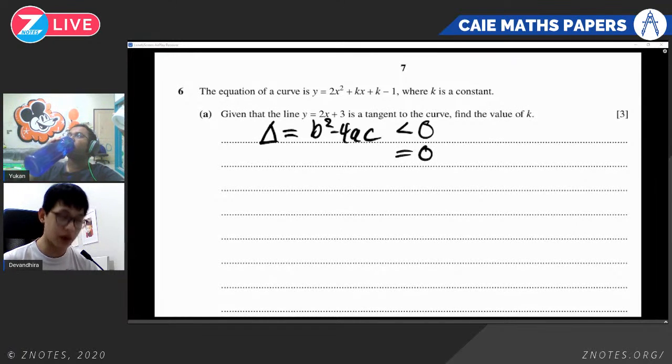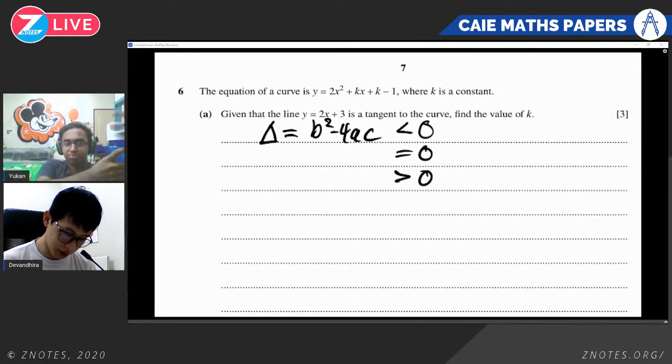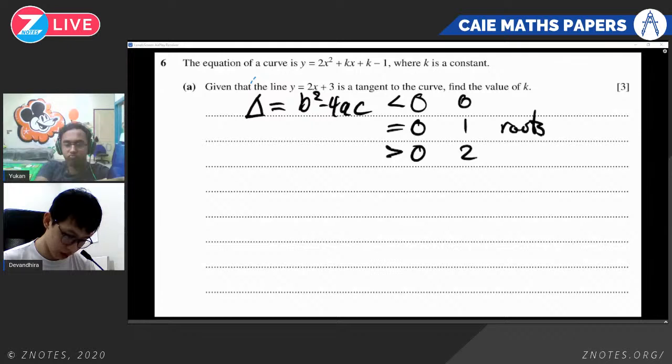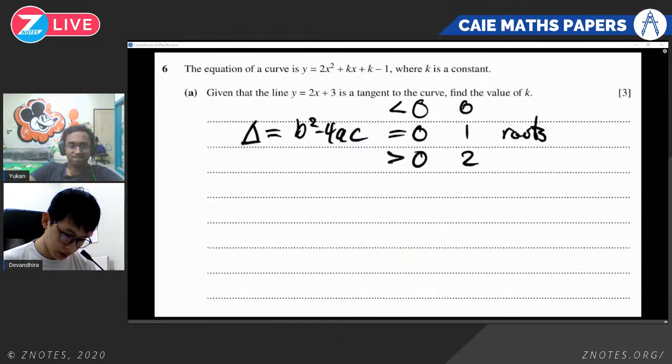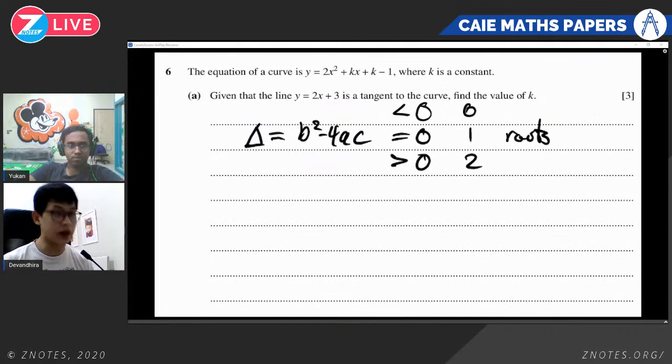And when there are two roots, it'll be greater than 0. Basically, this is 0, 1, 2 roots. Because the line is a tangent, that means there's only one root. It only meets once.